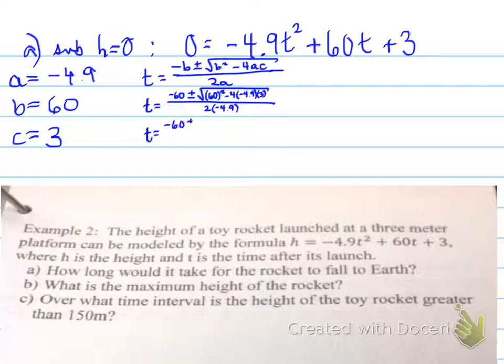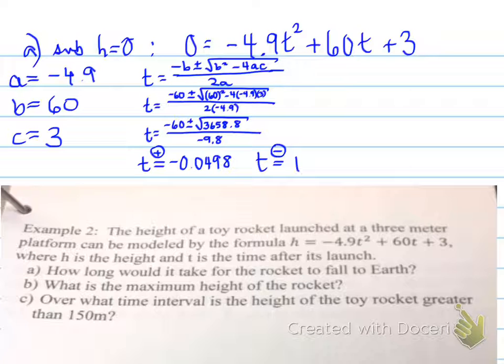And when we plug it in, don't forget to show the discriminant, which is inside there. And you will get the 1. When you add them, the value will be negative 0.0498. When you subtract them, it will be 12.2947. So what that means is that this is the time at which it has a height of 0.